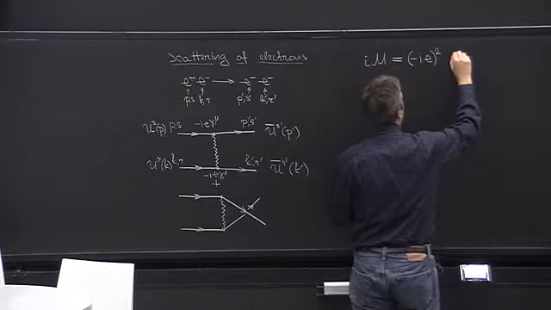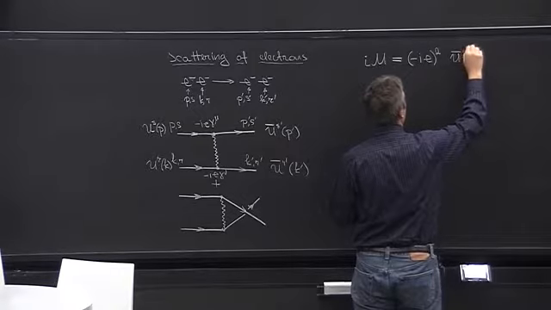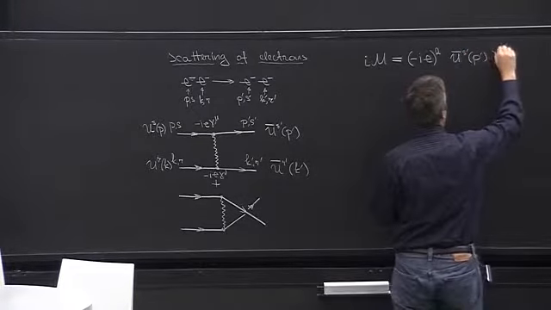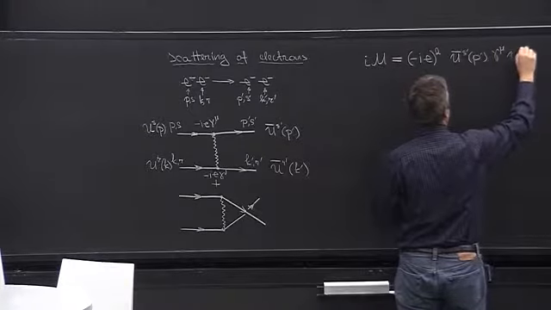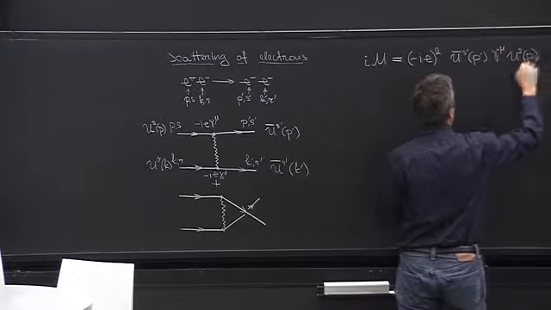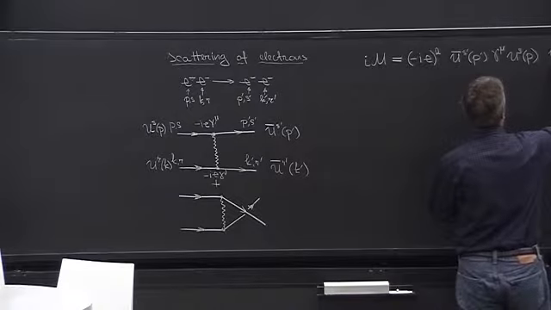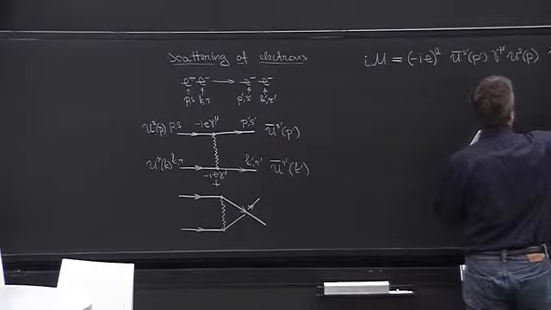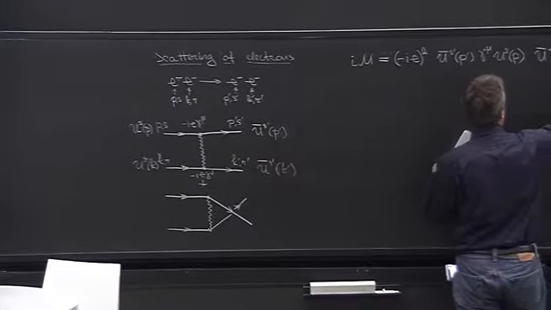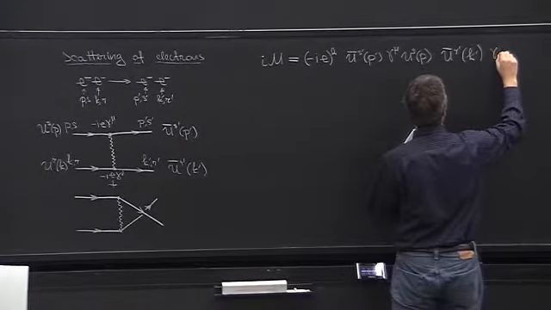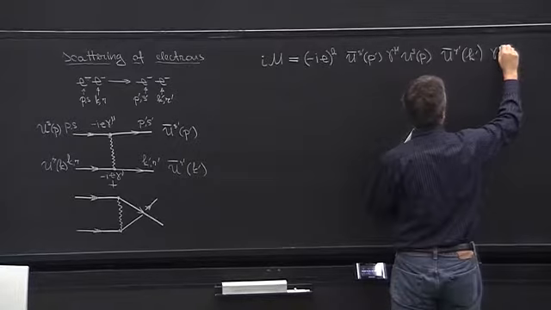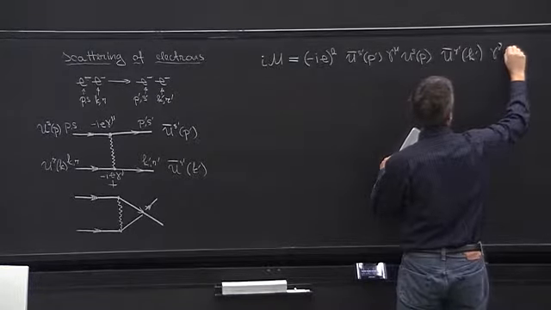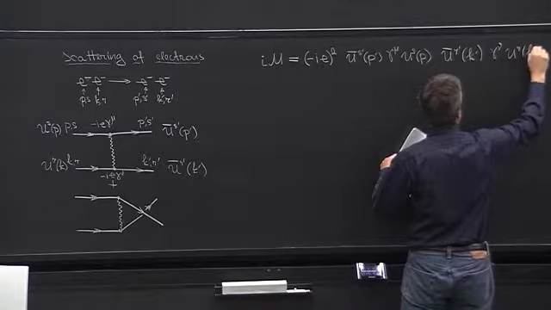Then we will have U bar S prime of P prime, gamma mu, U S of P, and then U bar R prime of K prime, gamma nu, U R of K.